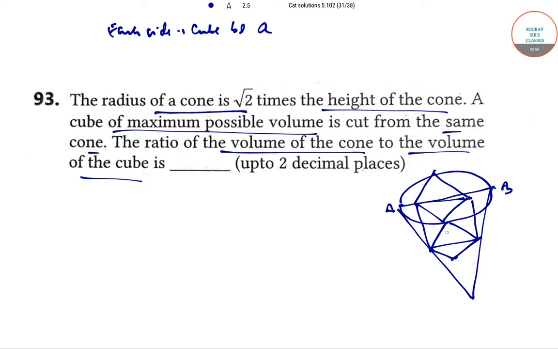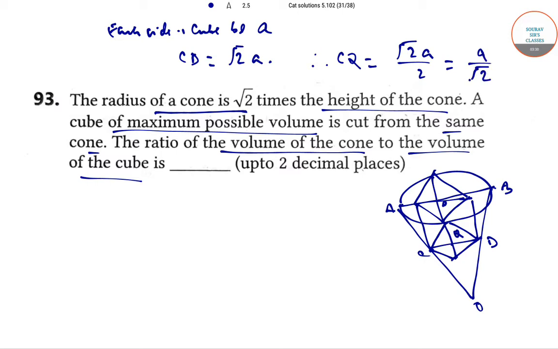This is A, B, C, D, O, and this is Q and P. So then CD is equal to root 2 A. Therefore, CQ is equal to root 2 A by 2, that is A by root 2.